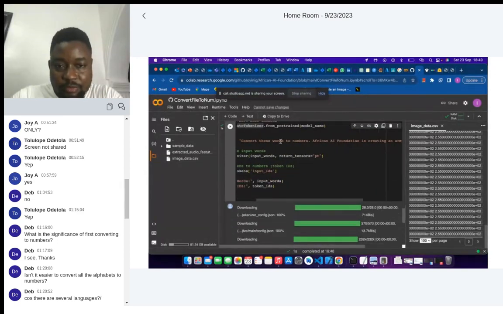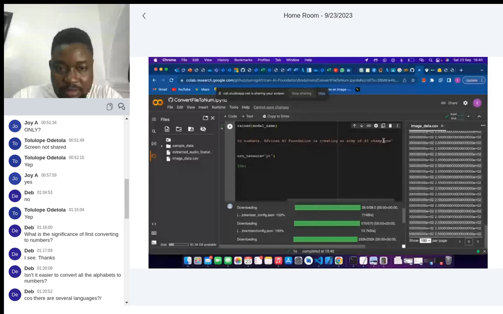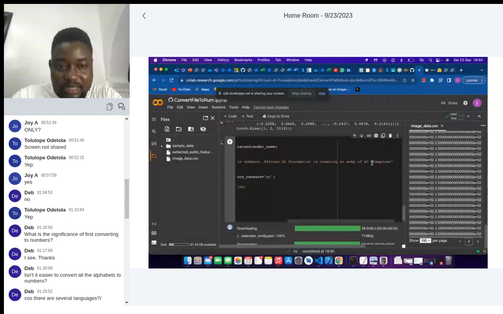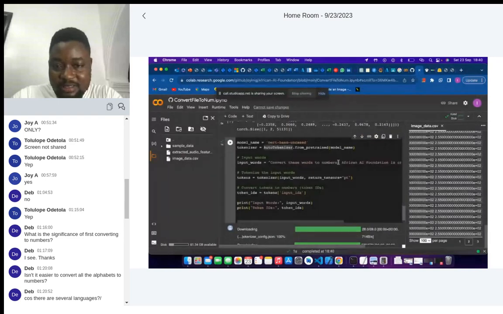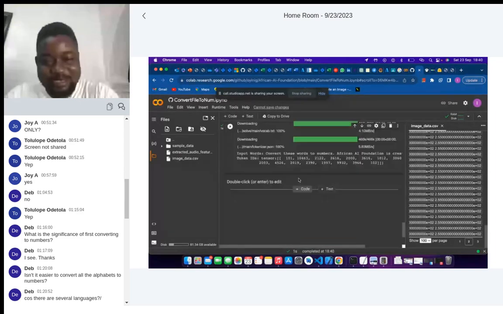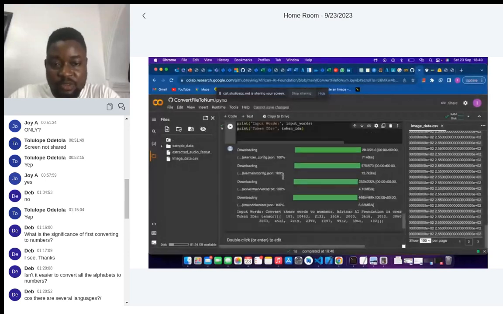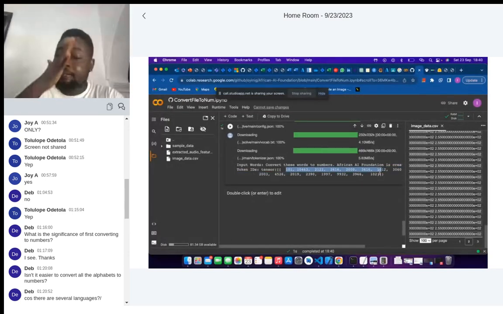Let's see how many characters. 1, 2, 3, 4, 5, 6, 7, 8, 9, 10, 11, 12, 13, 14, 15, 16. Okay. That dot could be for 1, right? The dot, it just ascribes a number to it as well. So it has just successfully converted the whole text into numbers, right?